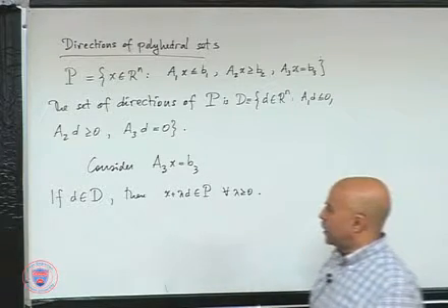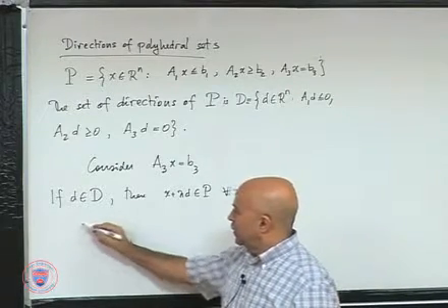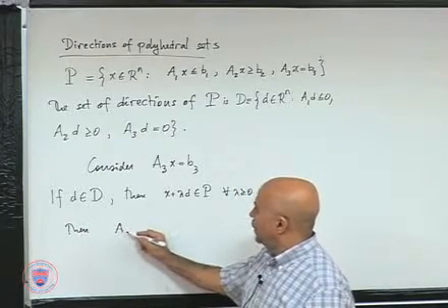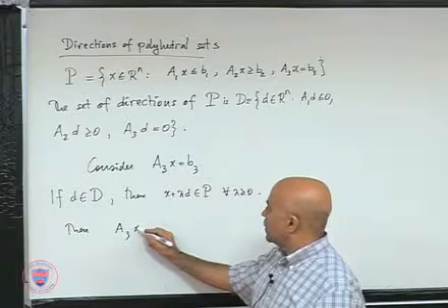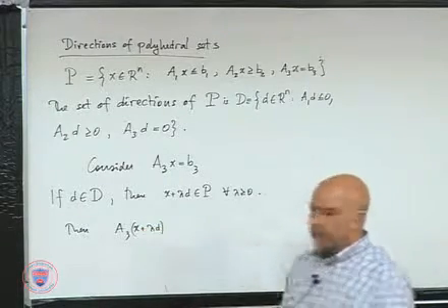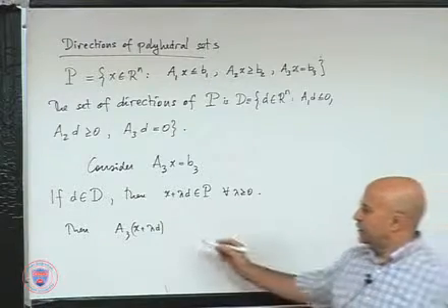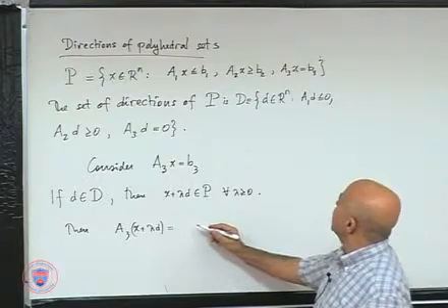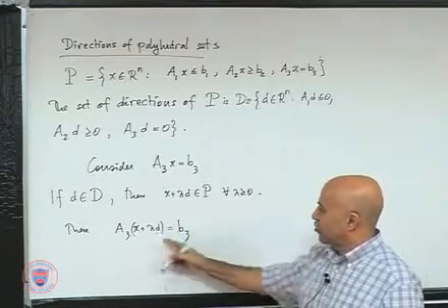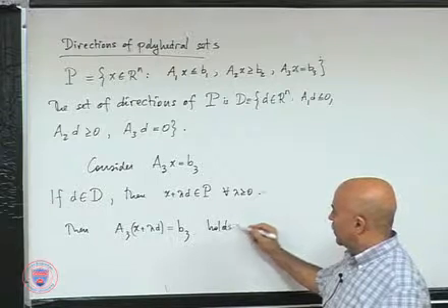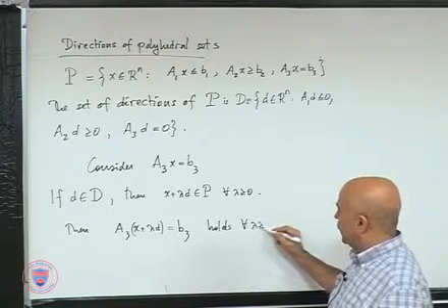Then what do we know about this? Then of course A3 times x plus lambda d must be satisfied, which means that this should hold. What is B3? This should hold for every lambda non-negative.